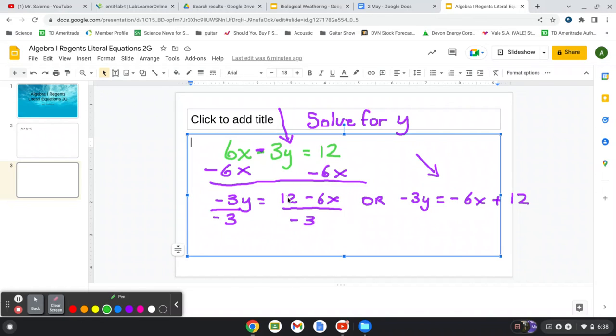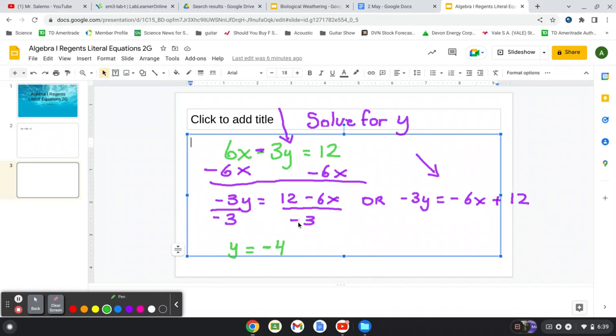So now we have 12 minus 6x divided by negative 3, dividing both the 12 and the 6x, right? So we'll have y by itself now. The y is by itself. And we now have a negative 4 because 12 divided by negative 3 is negative 4.